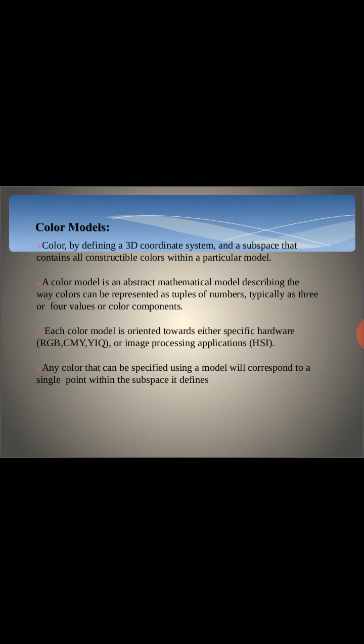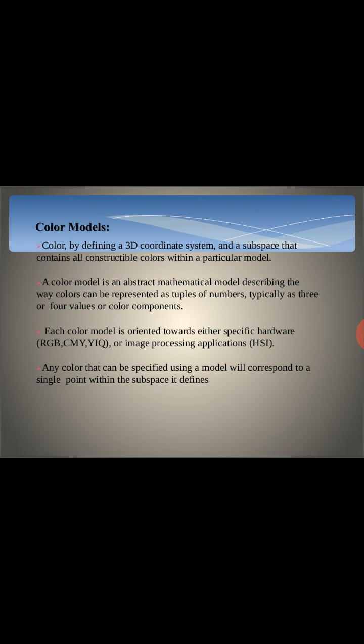Now these are color models. If we want to see the color models, here we define a 3D coordinate system and a subspace that contains all considerable colors within a particular model. A color model is an abstract mathematical model describing the way colors can be represented as tuples of numbers, typically as 3 or 4 values or color components.